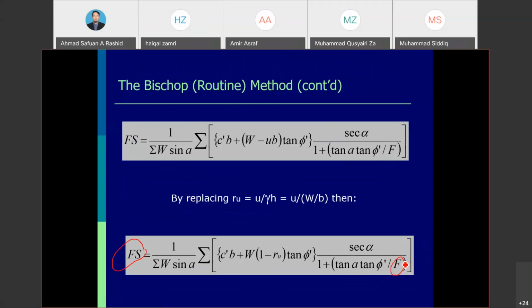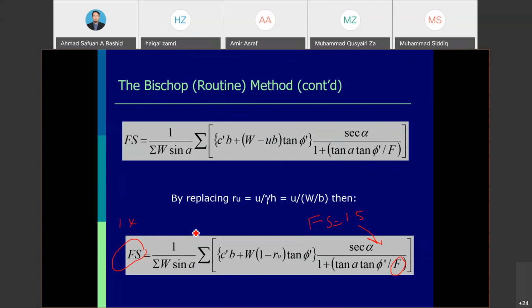Okay, so apa perlu kita buat? We need to do a calculation to make sure that the left and the right factor safety is equal. Contoh kita do first calculation round, kita assume, for example, factor safety is equal to 1.5 for the first round to represent the right factor safety. Then we do the calculation, we obtain this is equal to 1.4.